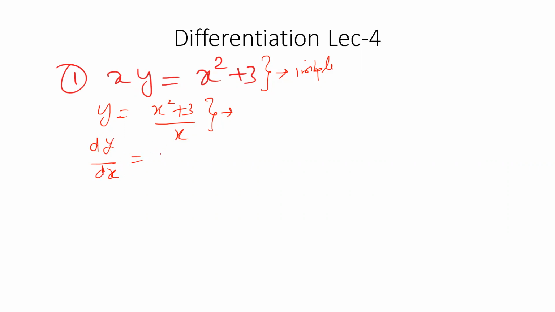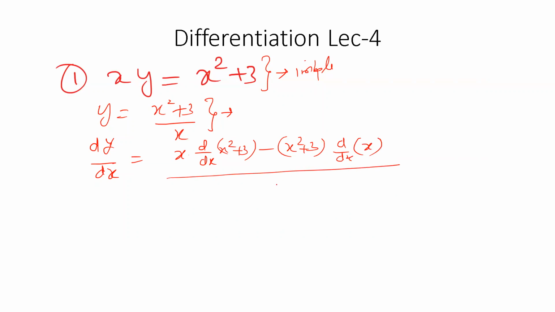So dy by dx equal to, here this is my f by g rule. So we are applying the division rule. x, this is my denominator function, into the derivative of the numerator function, minus the numerator function into the derivative of the denominator function, by the denominator function square, and then solve it.